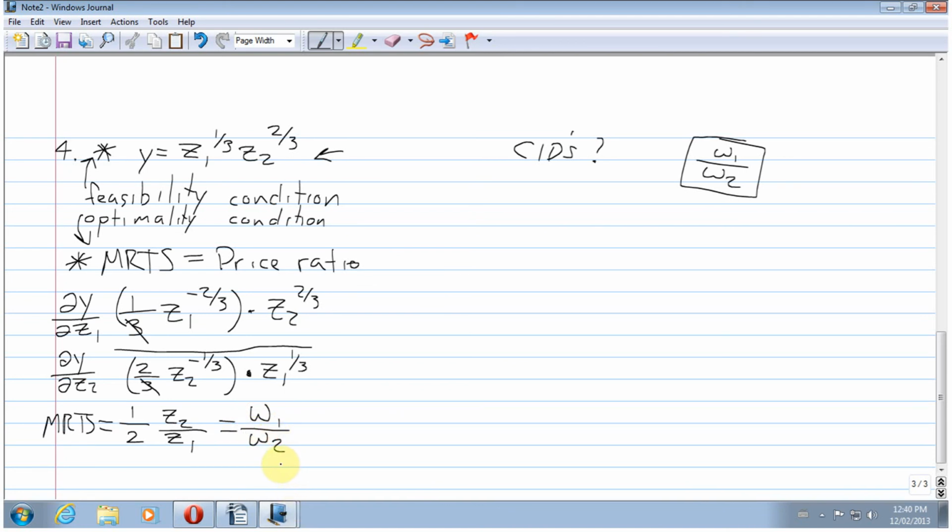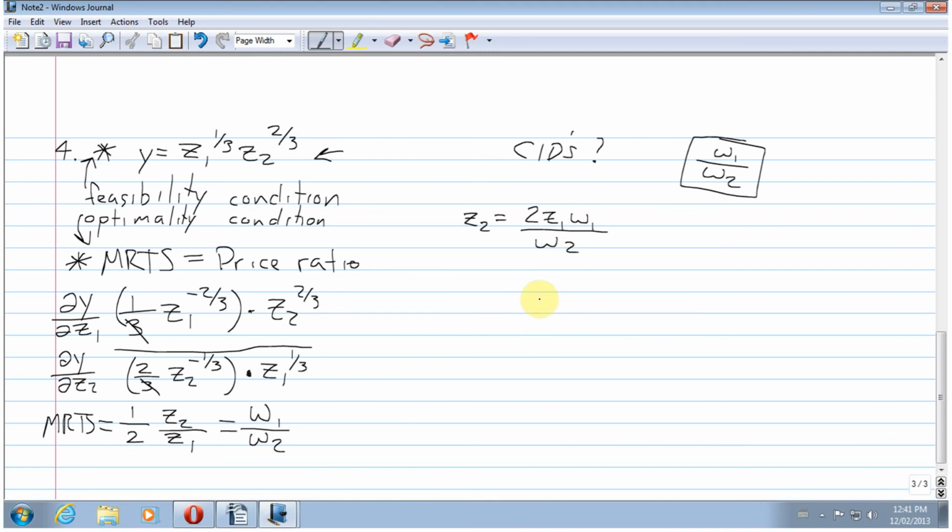Because we can choose z1 and z2, if I now multiply this through, I want to solve for either z2 or z1. So I'm going to solve for z2 first because it looks nice and convenient. So z2, I'm going to multiply both sides by 2z1. And that's my equation for z2 as a function of z1.